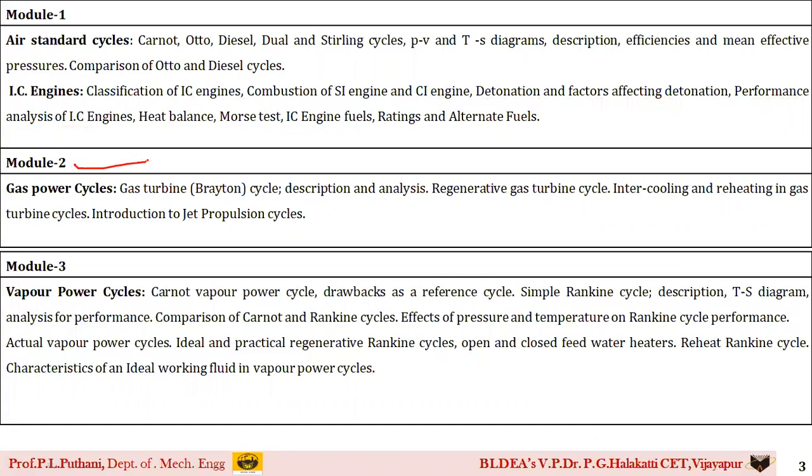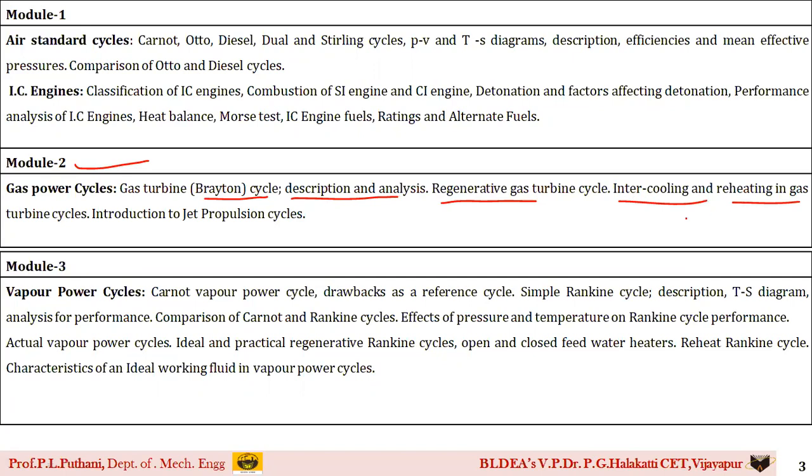Then when we move to module number 2, we will have the gas power cycles, that is the Brayton cycle, or gas turbine as we say. Here we will be studying its description and analysis with the PV and TS diagrams, and we will be applying some methods to improve the thermal efficiency of this gas turbine, that is the regenerative method, intercooling method, or reheating method.